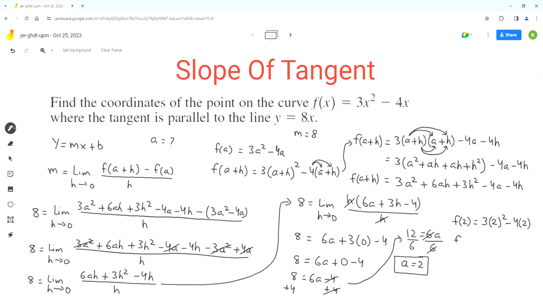So f of 2 equals 3 times 4 minus 8, which is 12 minus 8. So f of 2 is equal to 4. That means the coordinates of the point where the tangent has a slope of 8 are (2, 4). So this should be the final answer for this problem.